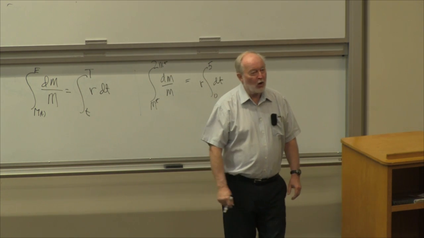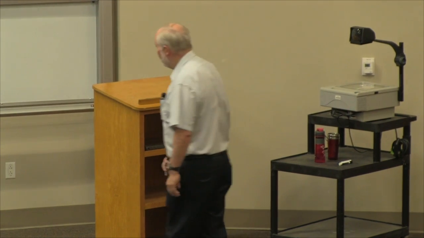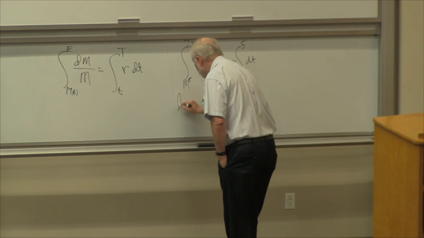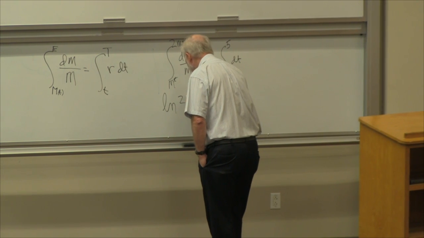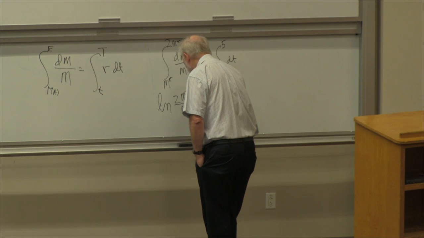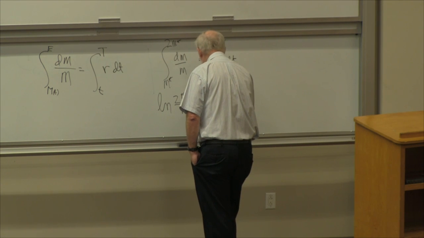You have one equation, one unknown, r. Solve for r. And so what I have here is the natural log of 2M star over M star is equal to 5r.